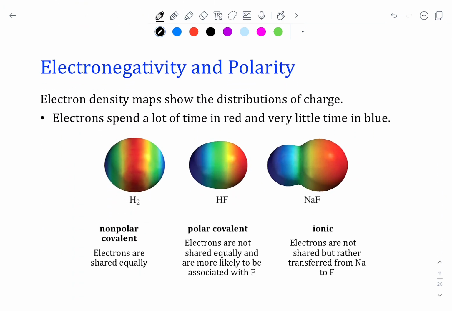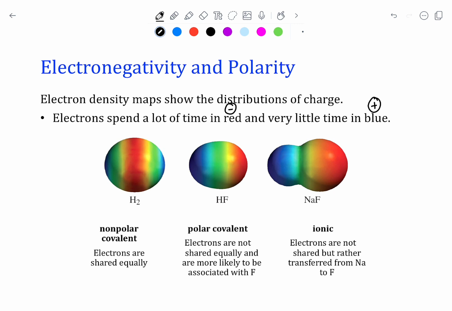So we can see how the electrons are being pulled differently through these electron density maps that show the distribution of the charge in different compounds. So the red is where electrons are, so red is negative, and blue is positive, an area of more positive portions.